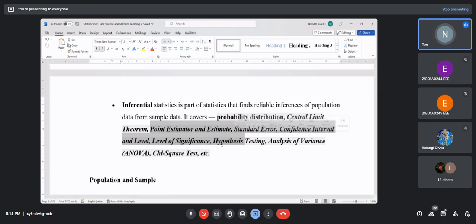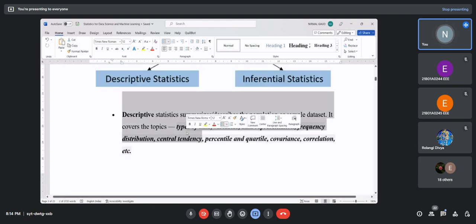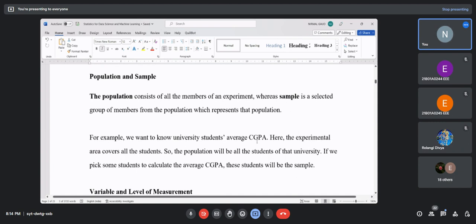If you apply some test over the data, that's called inferential statistics. If you simply describe the data, that comes under descriptive statistics. And statistics is the collection of data, organizing it, interpretation, analysis, and presentation. That's what you need to remember. From today's class, you need to remember everything I say about statistics. Don't forget.